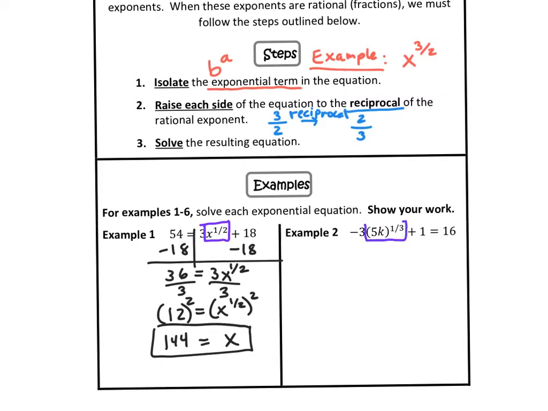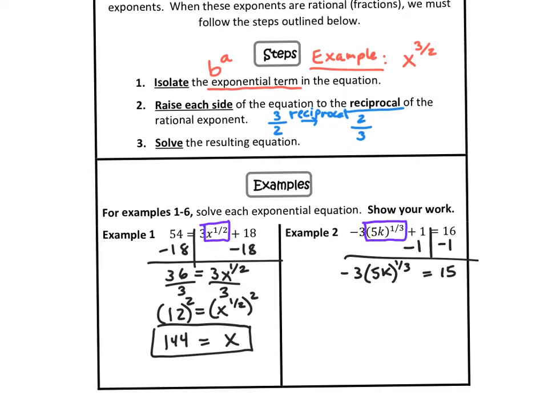And you should identify this one. So if I want to isolate it, I want to get it by itself. First of all, I want to get rid of the 1. So opposite of adding 1, subtracting 1. And so I'm going to bring down everything else. 16 minus 1 is 15.